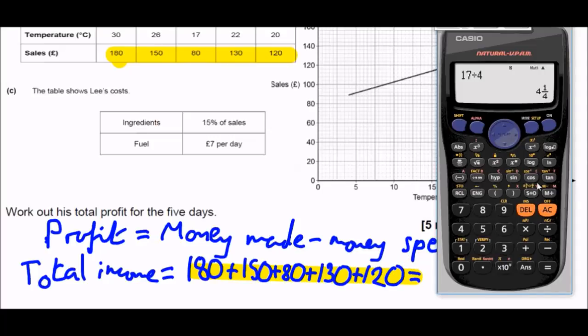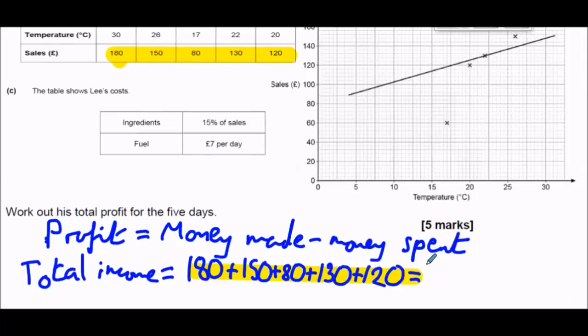So we can do this on a calculator. In fact, we'd be pretty silly not to if it's a calculator paper. Just be careful. Use a calculator. 180 plus 150 plus 80 plus 130 plus 120 comes to £660.